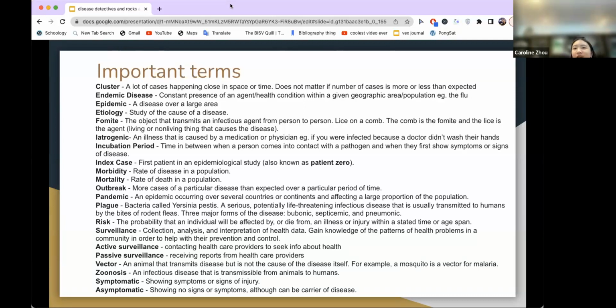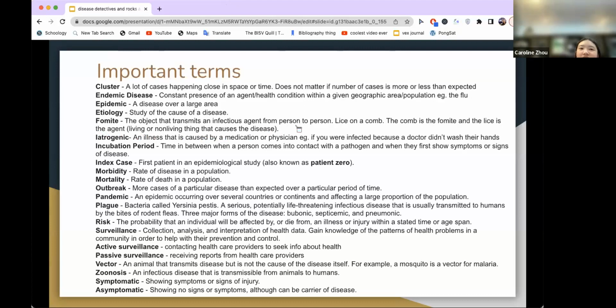For example, lice are transmitted from infected people to another person through indirect contact. Lice would be the agent, which is a living or non-living thing that causes the disease. But the comb doesn't directly cause the disease, it carries the lice that do, so it's the fomite.